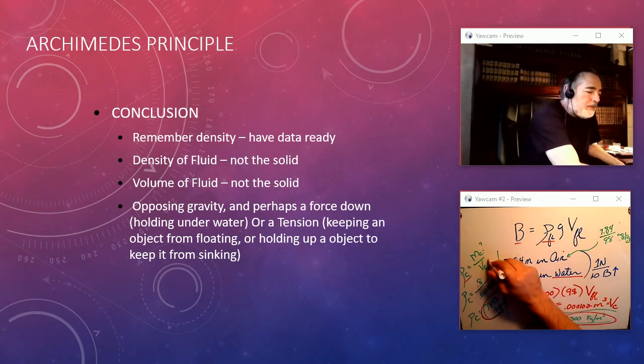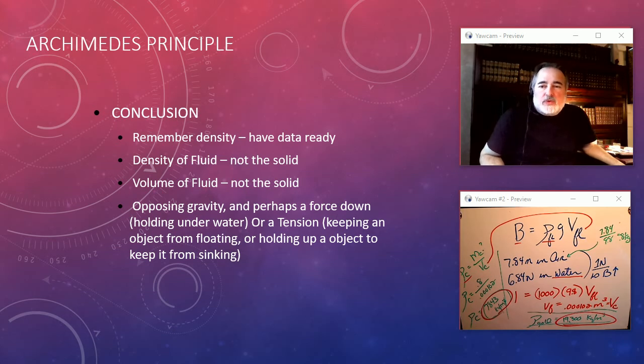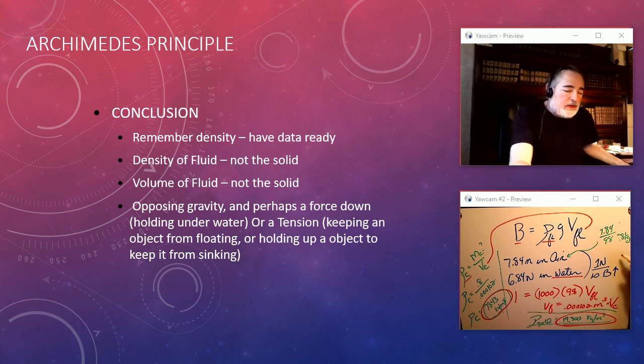And the volume, if it's totally submerged, could be the volume you use in your Bernoulli's equation. So whatever is being submerged, remember, we're talking about the density of the fluid and the volume of the fluid. And gravity is also working with you in a sense, right?